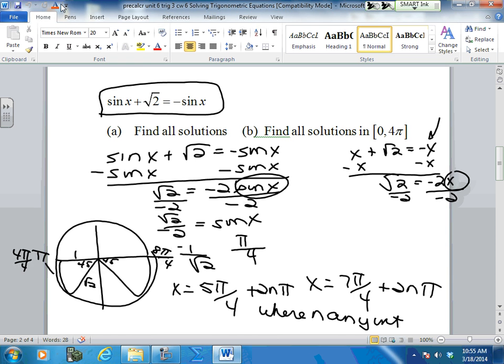Won't this bring me back around? If I'm here, this is my terminal side. If I go from here to here, this is my angle, 5 pi over 4. If I add 2 pi, don't I get to that? Then I add another 2, that gives me 4 pi. Then I add another 2, that gives me 6 pi. That's my coterminal angle.